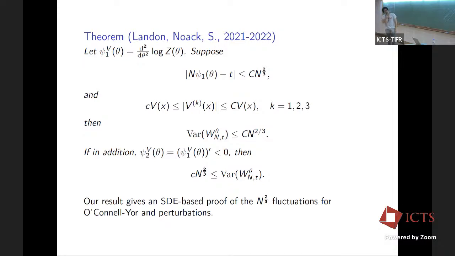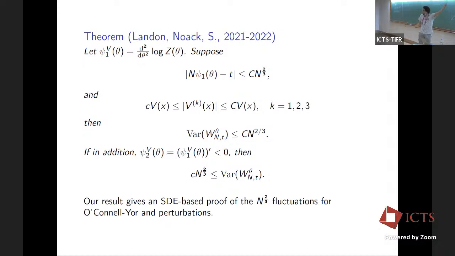But this class includes a lot more potentials than just e to the minus x, and it includes also, if you take the O'Connell-Yor polymer and you take a small perturbation that is 0 at infinity, and small here is independent of n, so an order 1 perturbation of the polymer, so that it completely destroys the integrable structure, we can still prove that the variance is of order n to the 2/3, both in the upper bound sense and in the lower bound sense.